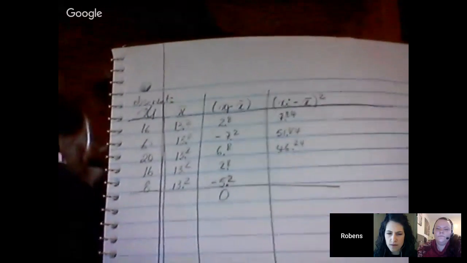I don't know if you can see my notebook here. How can I show you stuff? I use what we call a table, and I put the information in it. So this is one example of what I did. It has the population, where we have the number of observations, and then x, which is the sample.